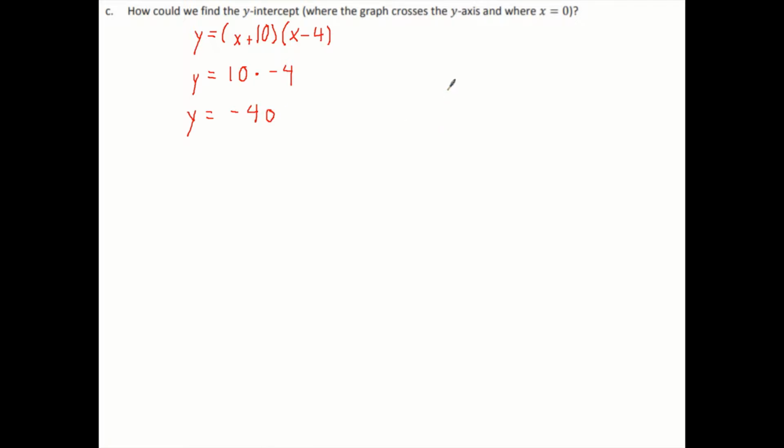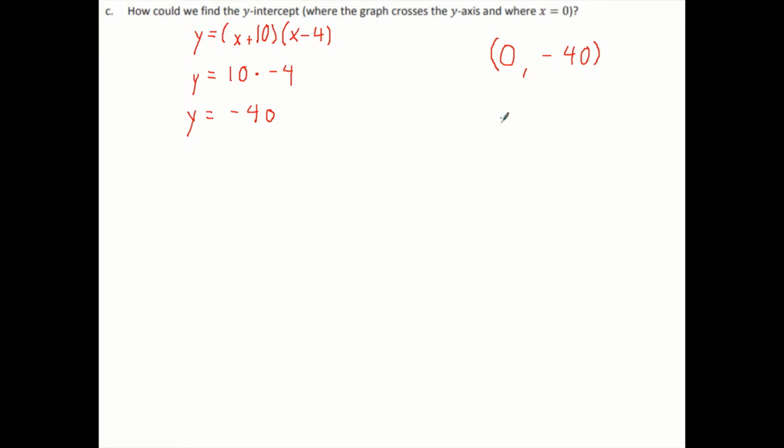So my y-intercept is going to be 0, negative 40. Now we have 4 points. But here's the thing. We're not done yet. We can actually get a single more point to help us out.